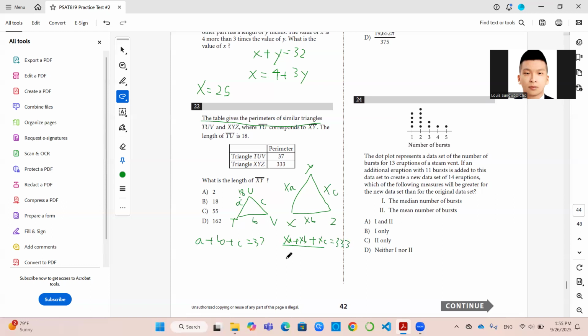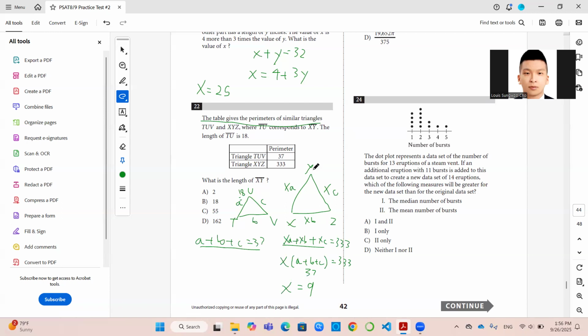I can pull out the X in front like this. And I know that A plus B plus C is 37. So X is equal to 333 divided by 37. What is that? That gives me 9. So the X is 9.